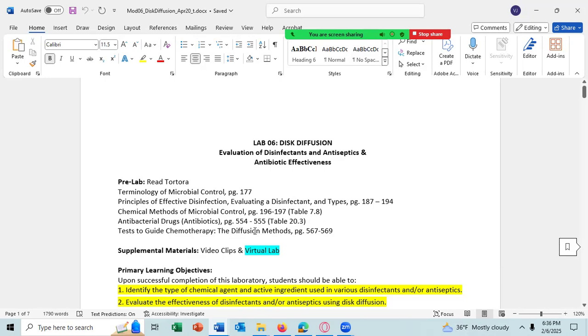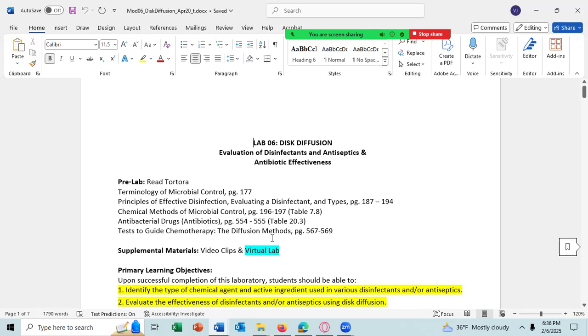Then read pages 554 to 555, specifically table 20.3, on antibacterial drugs, commonly called antibiotics. Lastly, read pages 567 to 569, on tests to guide chemotherapy, the disk diffusion methods.